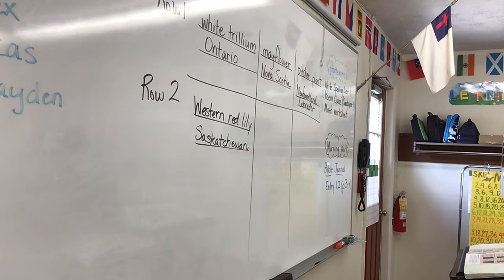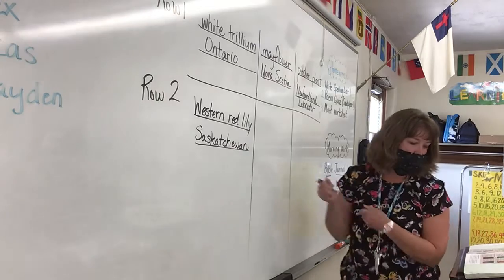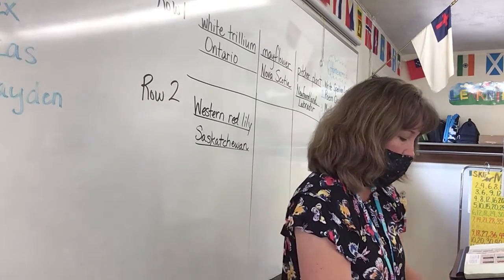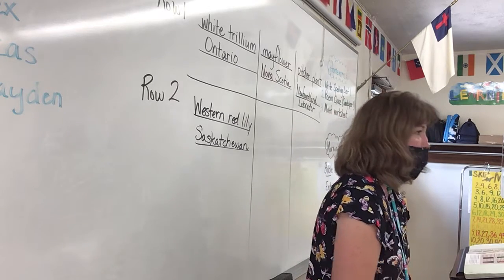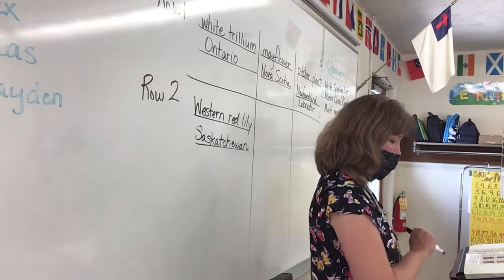I know what the next one is. Okay, and then the next, what about the next flower? What is that called? This is kind of a funny name. Nicholas? Lady slipper.